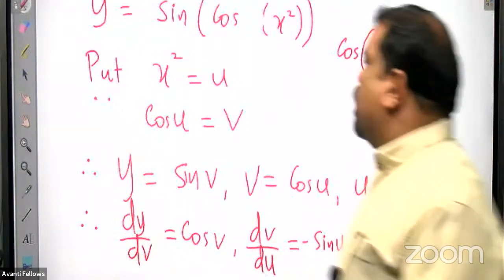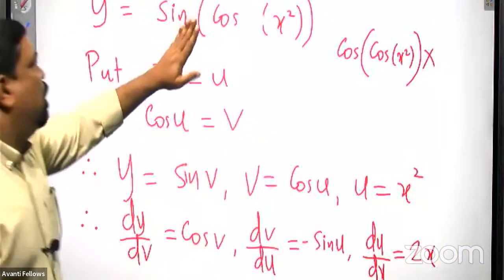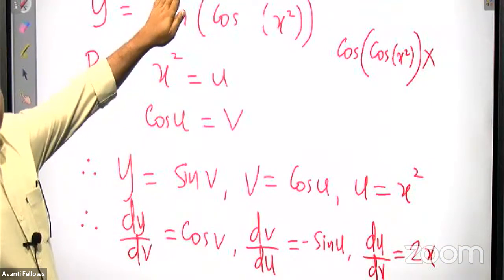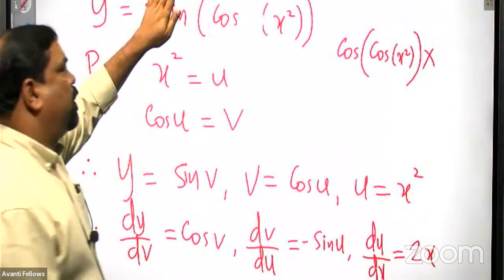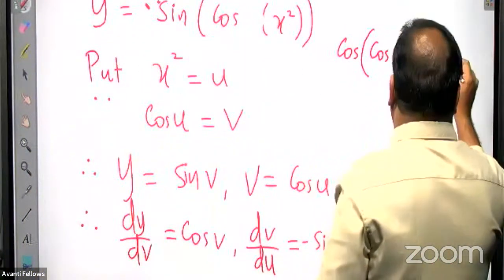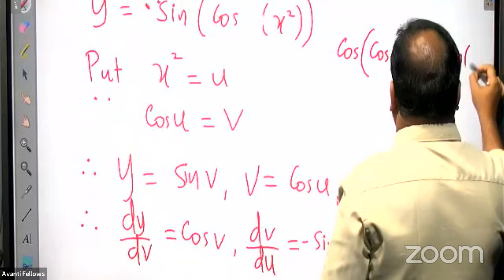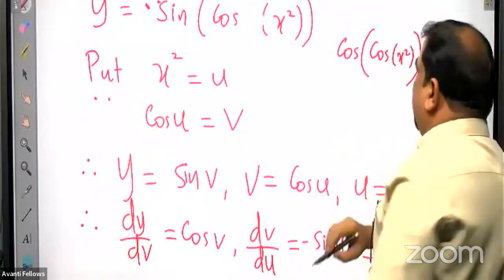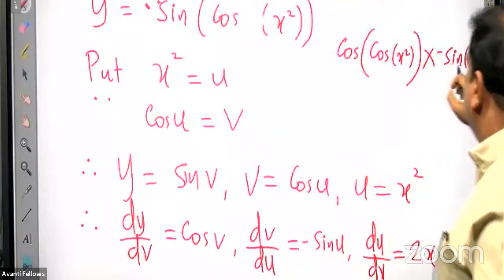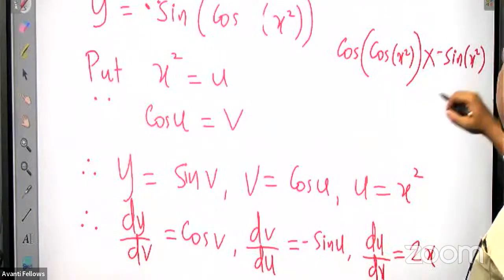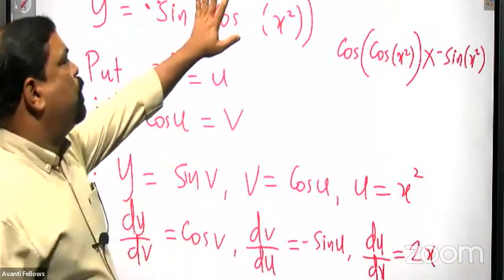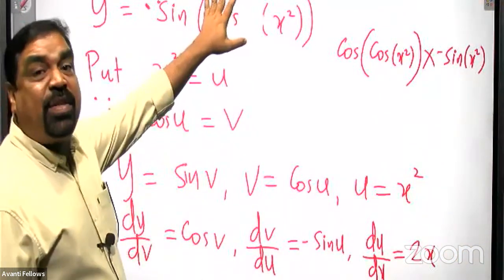Now you forget about sine. Remaining is what? Cos of x square. Now derivative of cos apply. Derivative of cos means minus sine. So minus sine of x square. Now we have applied derivative of sine and also cos. The last one is x square.